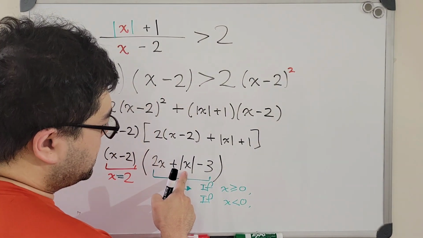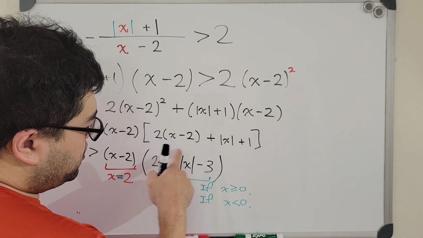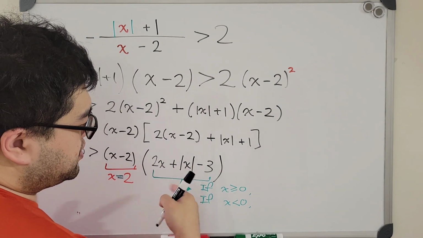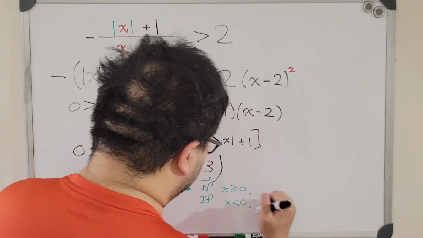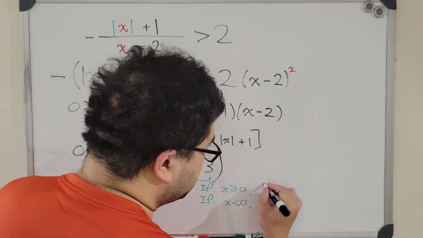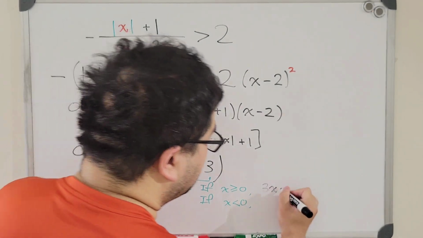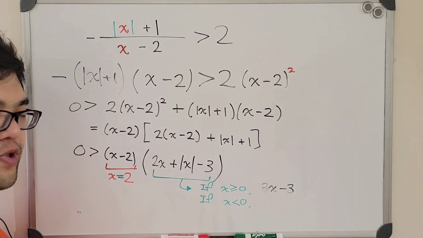So in this case, the middle term here, plus absolute value of x, would just give us plus x. So that the whole thing would turn into 2x plus x, which is 3x, minus 3, the constant here.